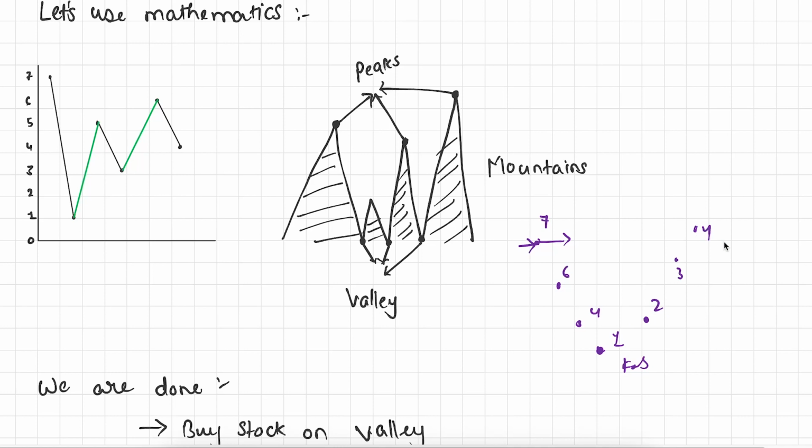And again, it might be possible that we have one downfall here. So when we reach this point and we check if the next is greater or not, this time it is not. So it means this is our peak. So this is the simple strategy we have to follow to find all the valleys and peaks. And once we get a valley and a peak, we simply have to subtract the valley from the peak to get the profit.